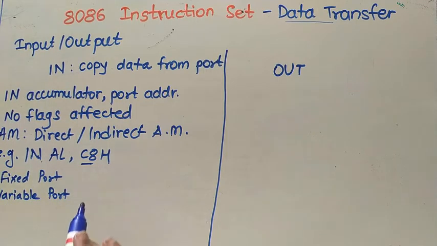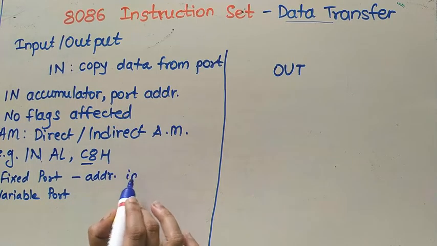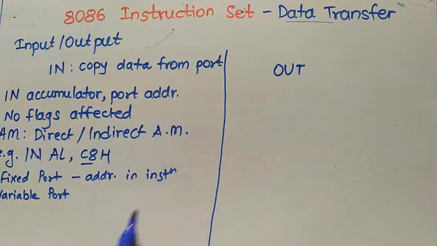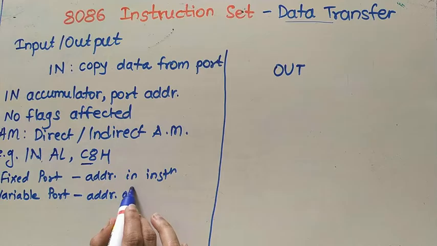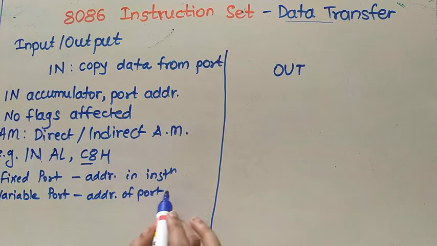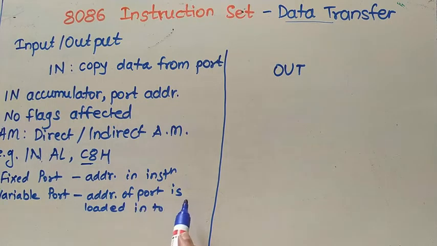So, here the address is specified in the instruction only, while here the address of the port is loaded into the DX register.